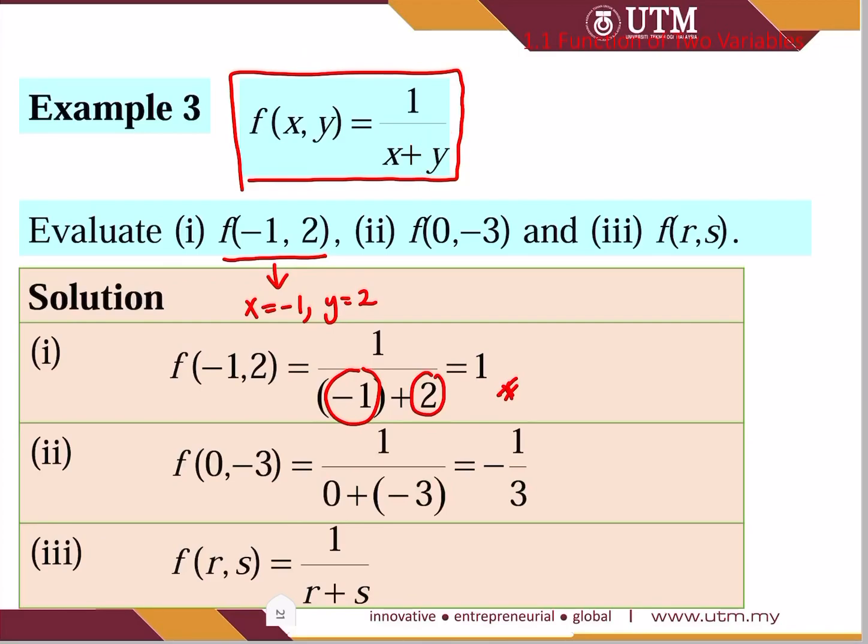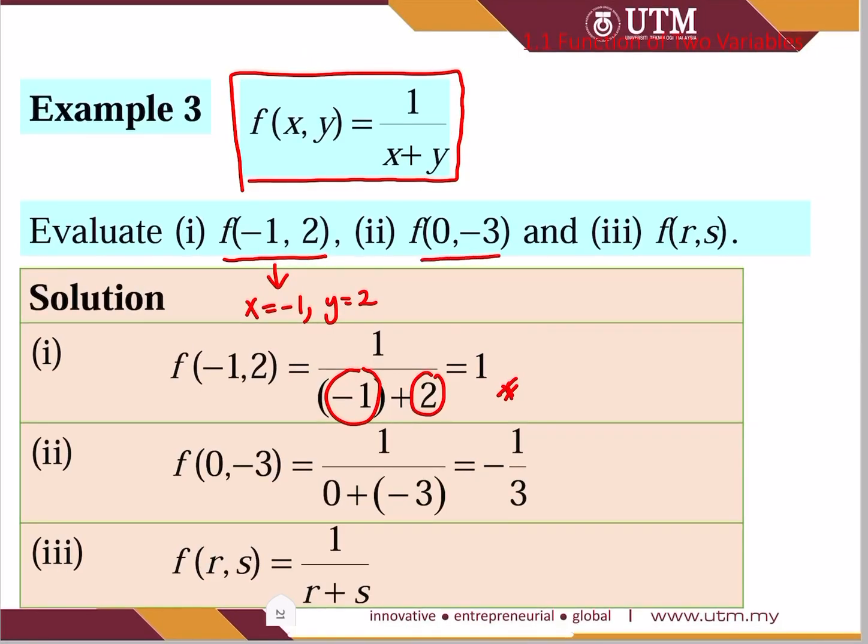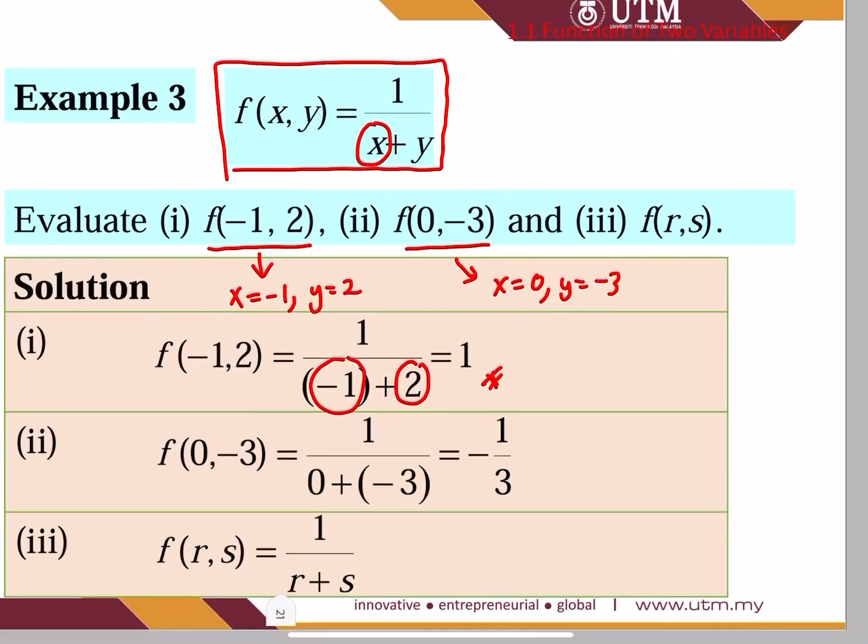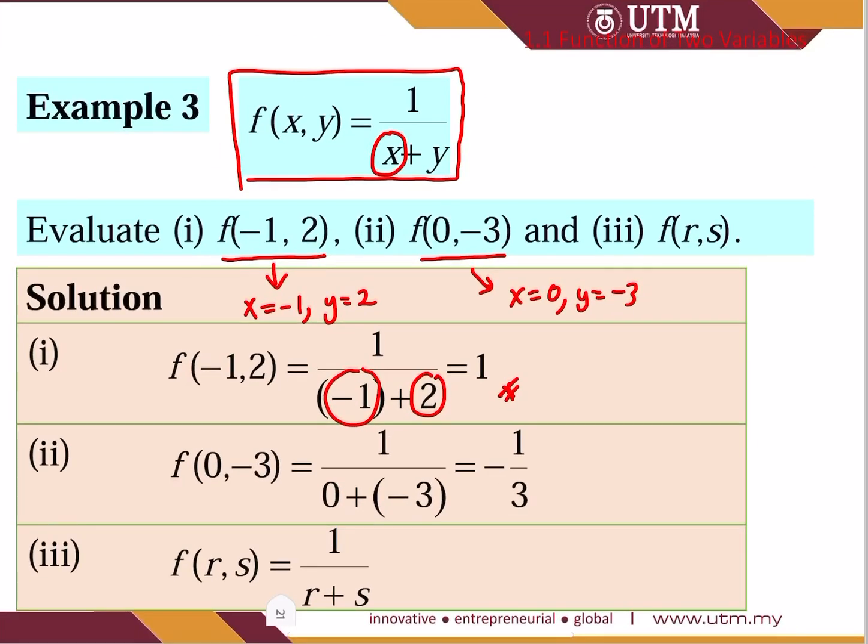The next one is f(0, -3). Again, x equal to 0, y equal to minus 3, so we replace x with 0 and y with minus 3. Therefore, after simplifying, we obtain negative 1 over 3.